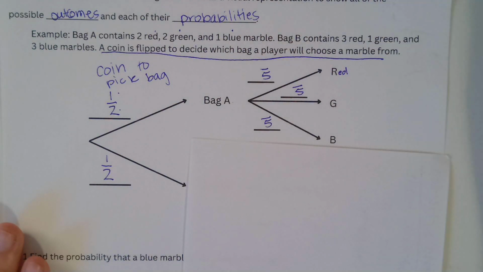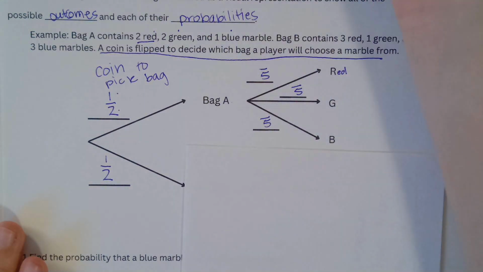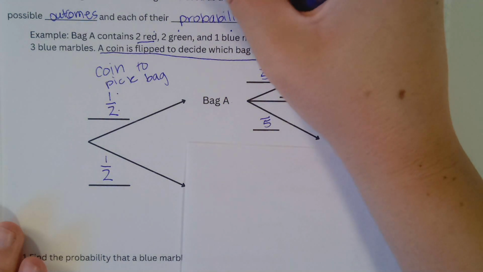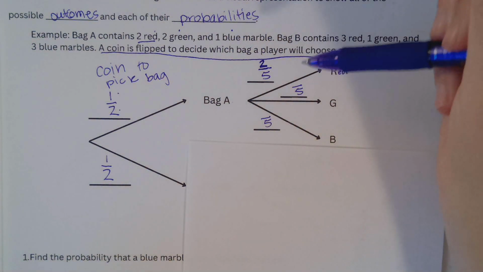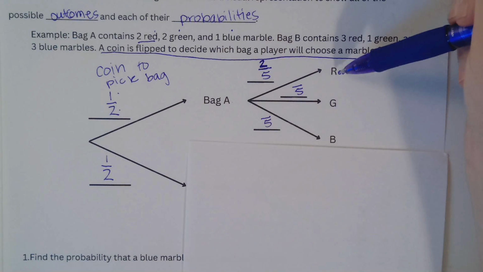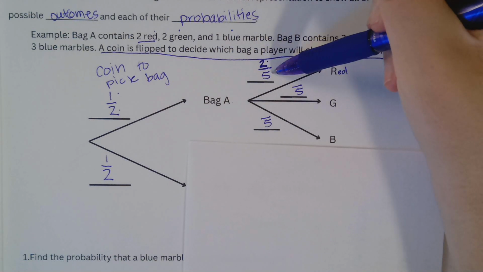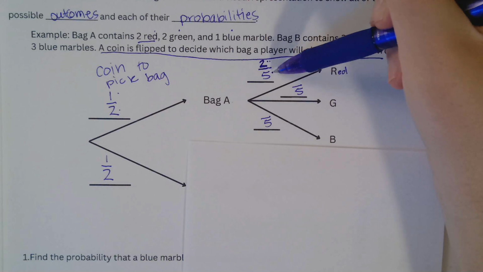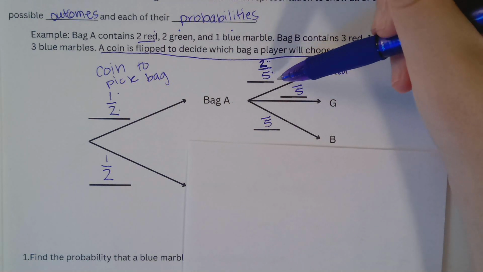The question says there are 2 red, so I'm going to put a 2 on the top of the fraction. Rephrasing, the probability of picking red is 2 red marbles out of the 5 in the bag total. So there's a 2 out of 5 chance that you pick a red marble.